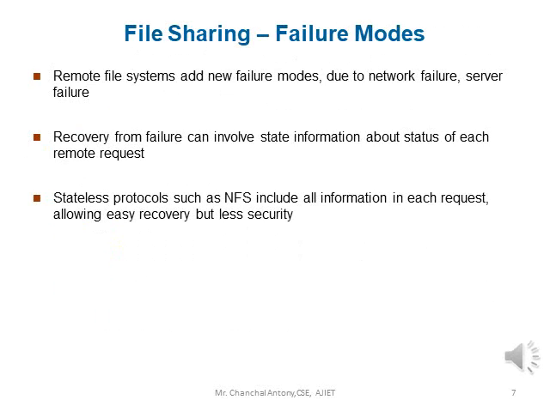Starting with the file sharing failure modes, the local file system can fail for a variety of reasons, including the failure of the disk containing the file system, corruption of the directory structure or other disk management information, collectively called the metadata, the disk controller failure, cable failure, or host adapter failure.